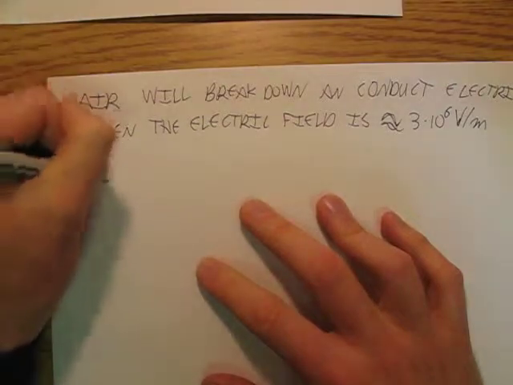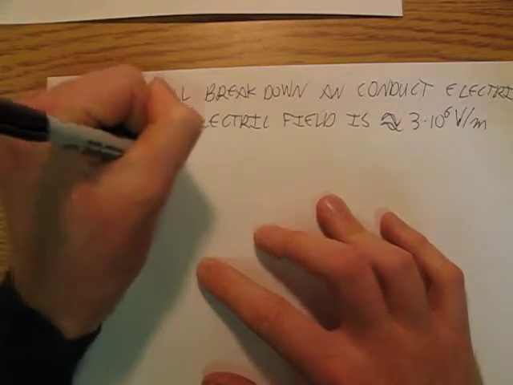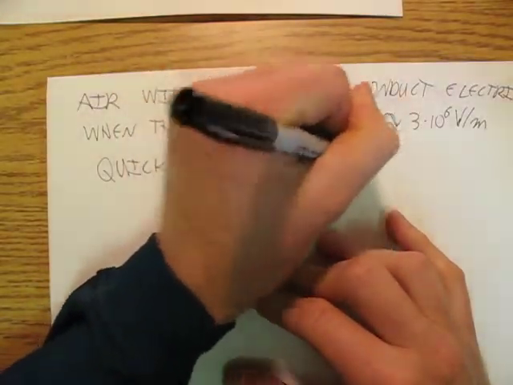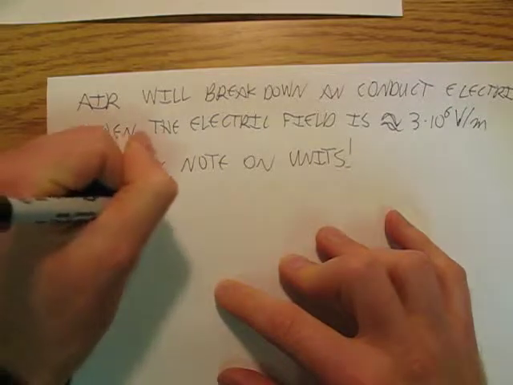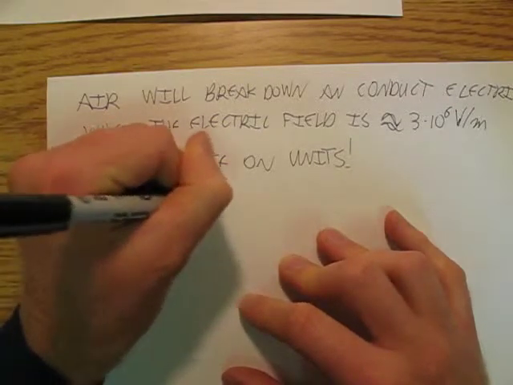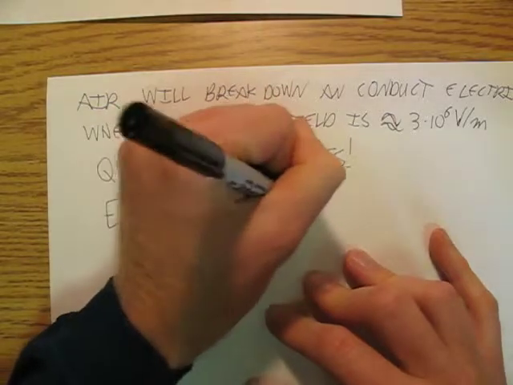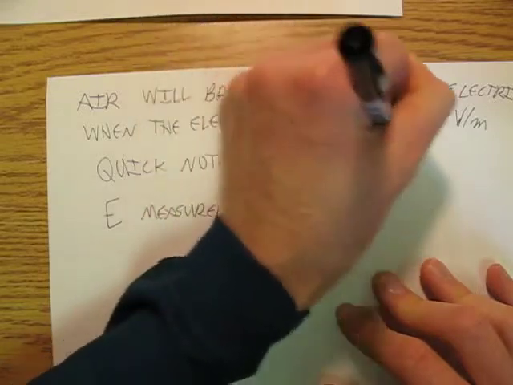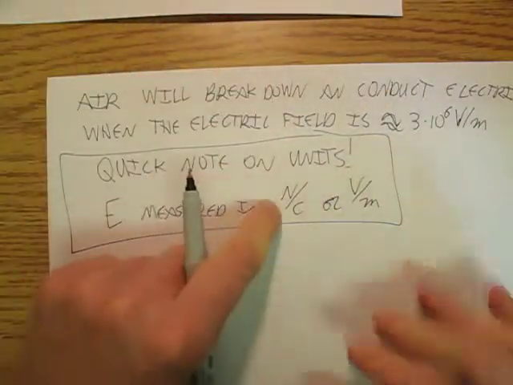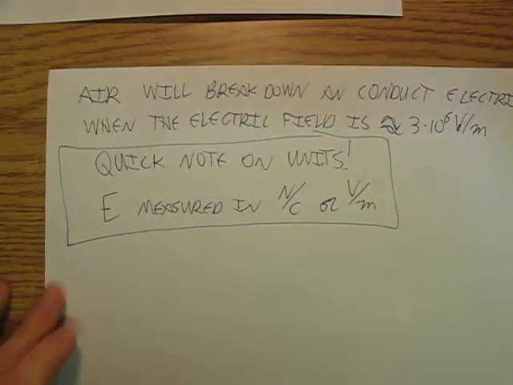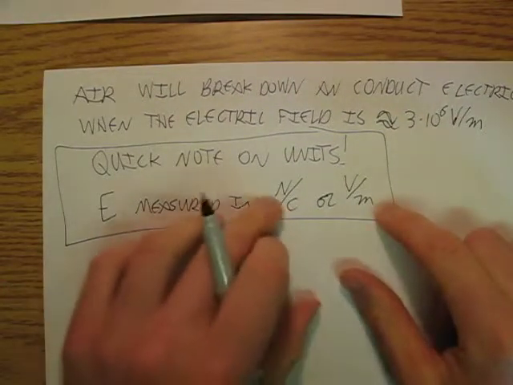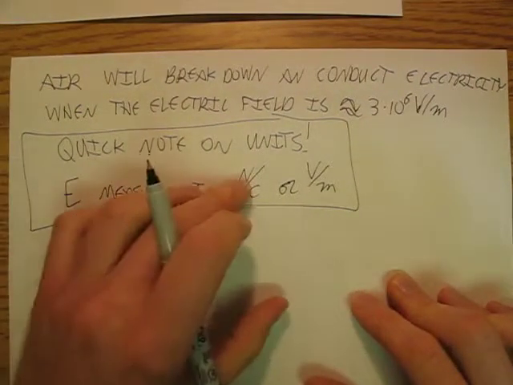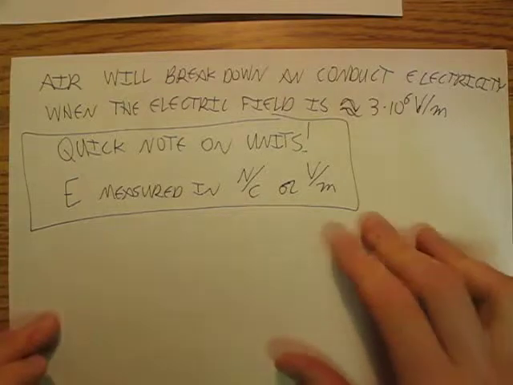Here's a quick note: Newtons per coulomb and volts per meter are the exact same units.